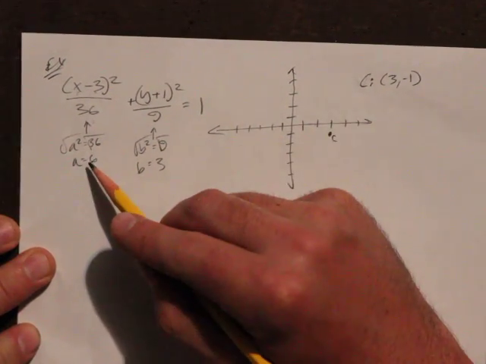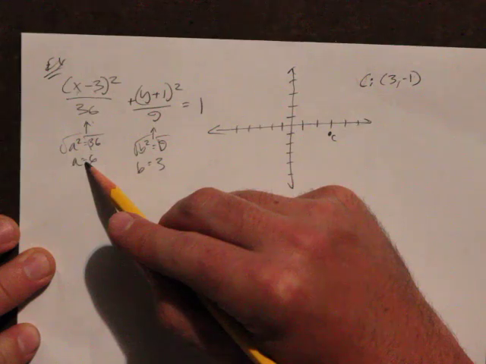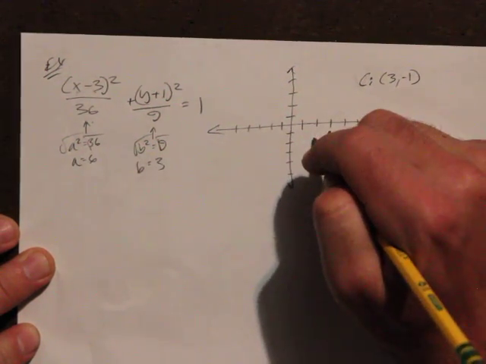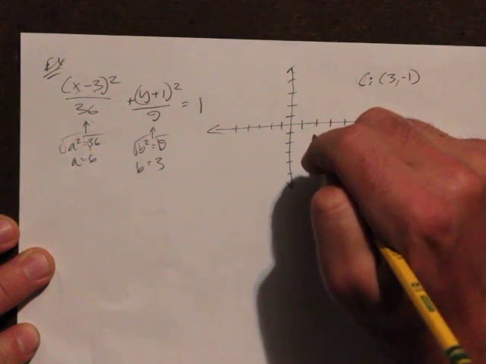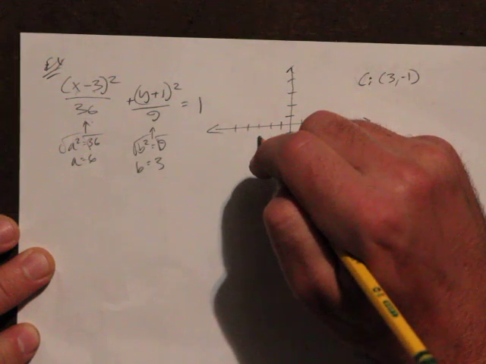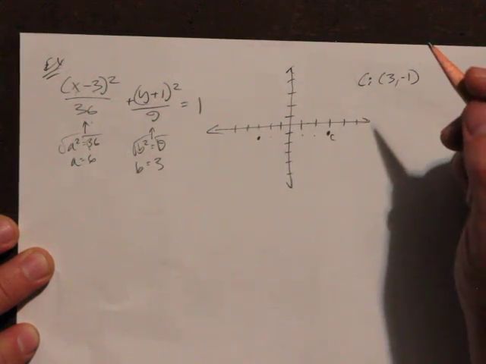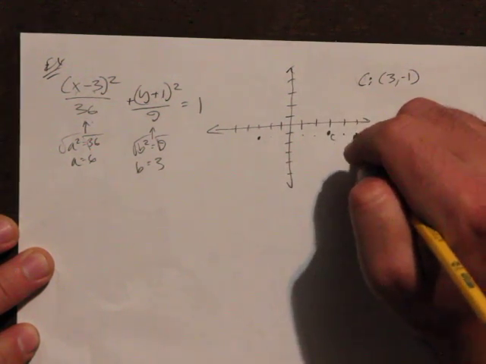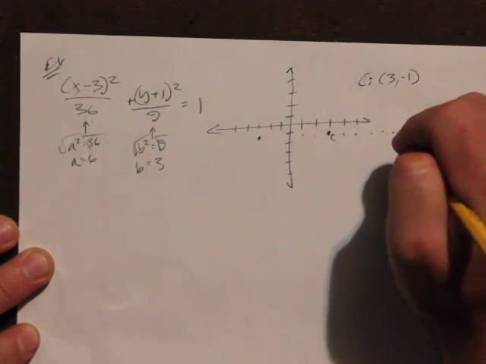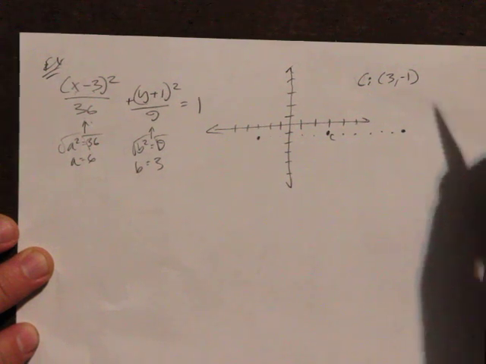My a value is with x, so I'm going to go along the x-axis 6. 1, 2, 3, 4, 5, 6. There's one vertex. And then I'm going to go to the right. 1, 2, 3, 4, 5, 6. There's my other vertex.